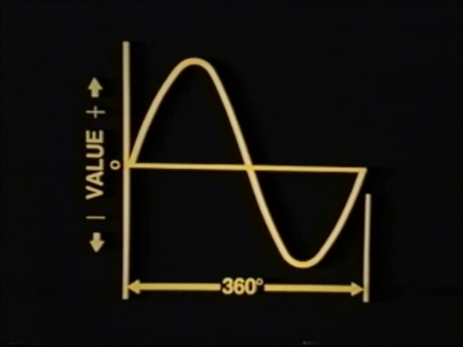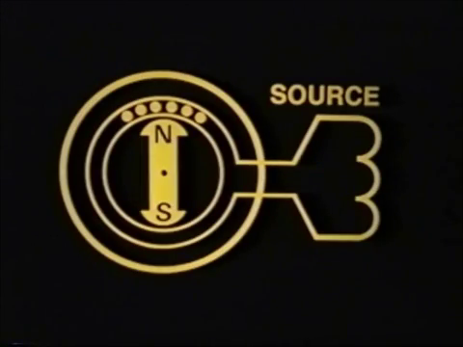The single-phase power consists of a single voltage and or current sine wave of 360 electrical degrees in length transmitted over a single line. Since electricity only flows in a complete circuit, single-phase power must have two lines coming from the source to complete the circuit.